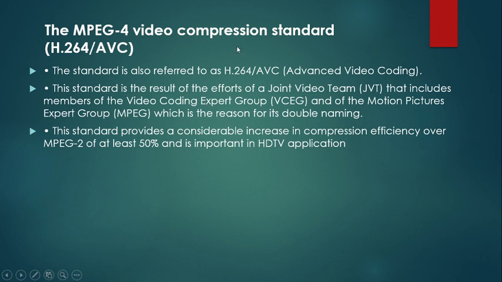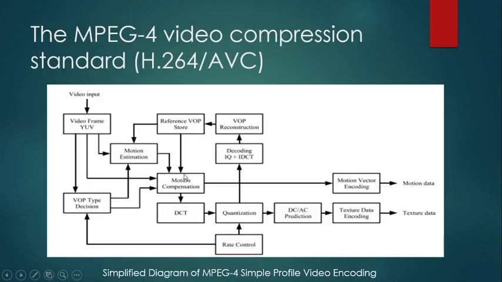After MPEG 2, MPEG 4 is considered because it increases compression efficiency over MPEG 2 by at least 50%. So this is a very simple block diagram of MPEG 4, where we have not considered the B frames, that is, this is simple profile video encoding. It is actually similar to the MPEG 2 video compression encoding.